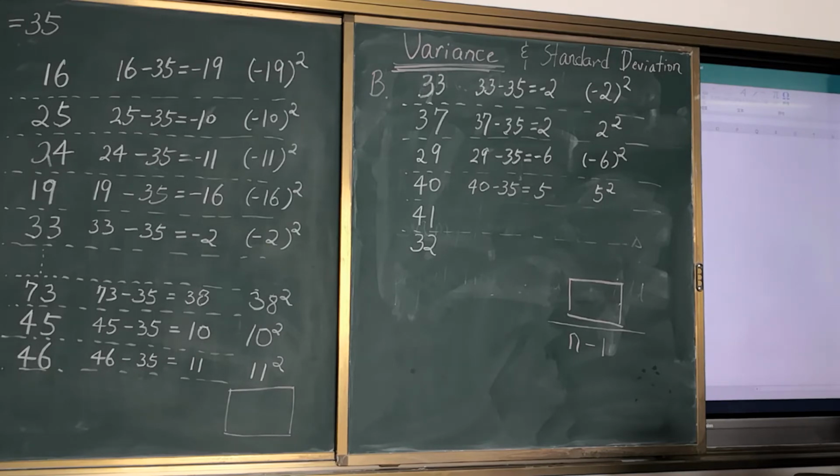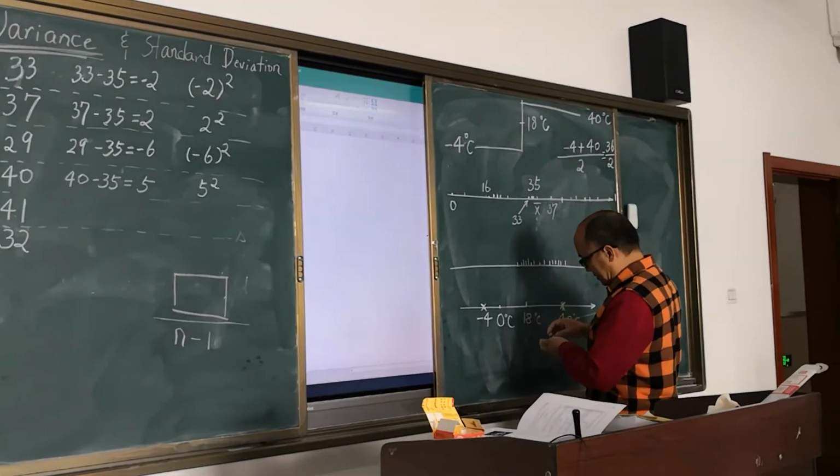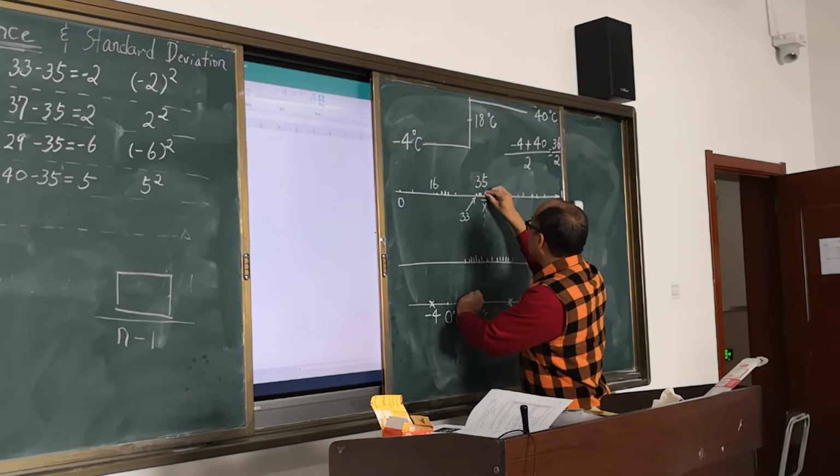So some shoes are slightly larger, some slightly smaller. Let's say ideally it is 35 centimeters. I'm making it 35, it's easy to talk.